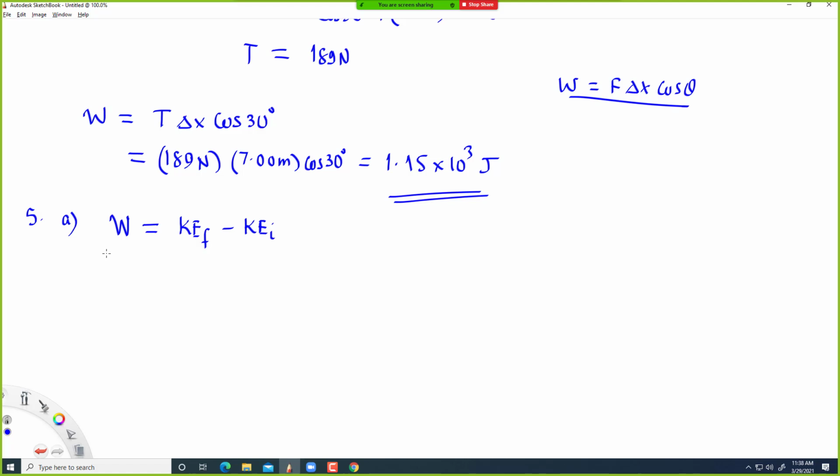So friction causes the change in kinetic energy. That means the work is done by friction. We know work is F delta x cosine theta. For friction it is Fk, kinetic friction, because the car is already moving.